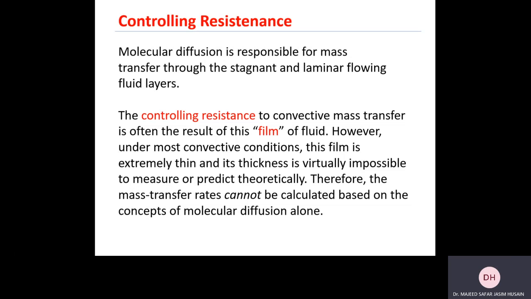Convective because of the turbulence, and the area next to the surface was molecular diffusion. However, who's controlling the mass transfer? The controlling of the mass transfer is the film of the fluid, the layer of the fluid next to the surface. I hope this is very clear for you.